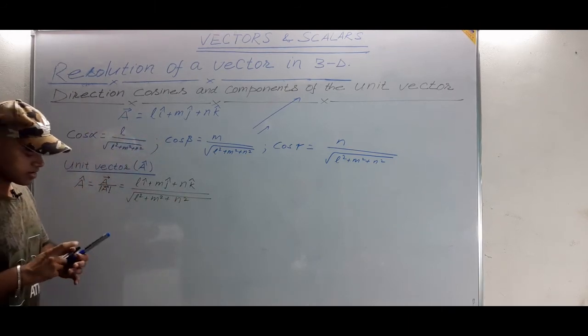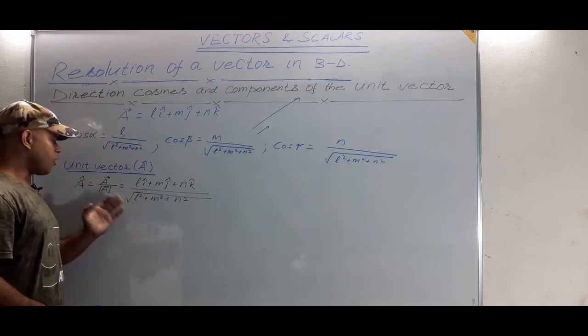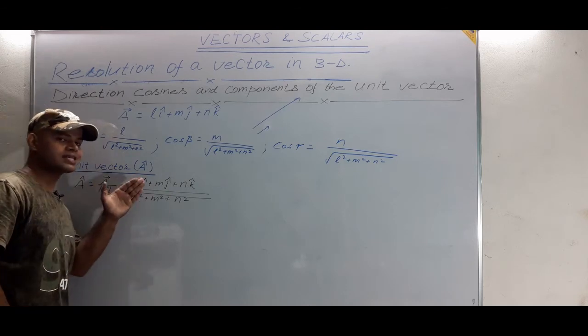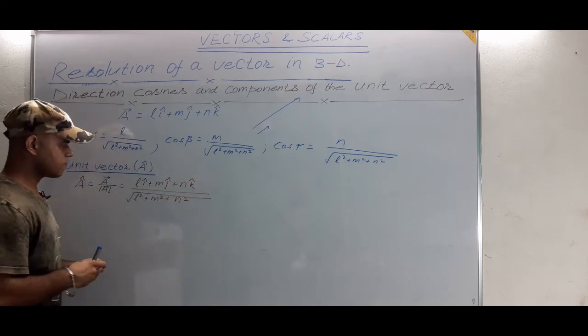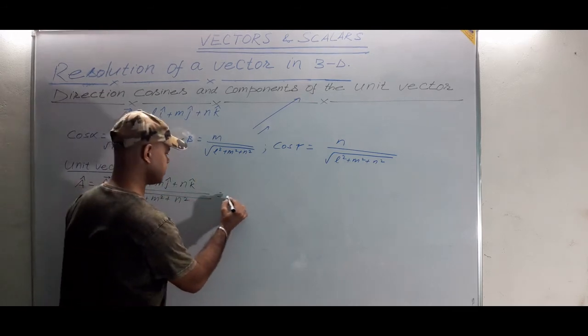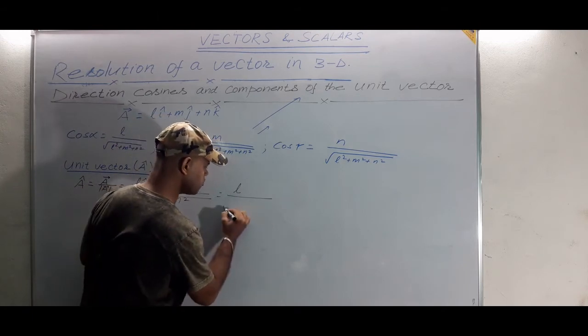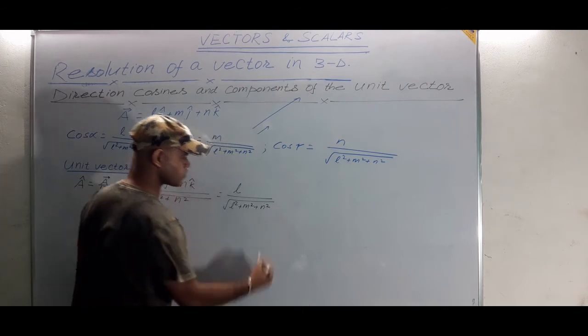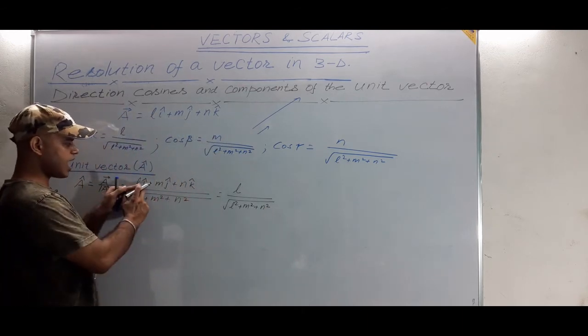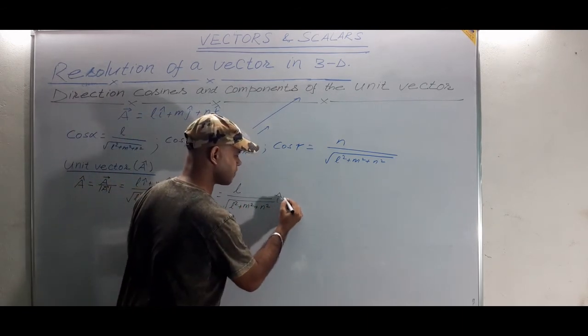Now let's write the components of this unit vector along the x-axis, y-axis and z-axis separately. For the x component, I'll get L upon root of L square plus m square plus n square, times i cap.